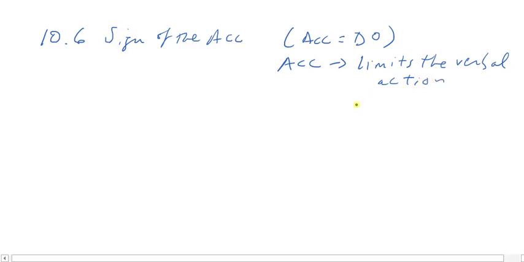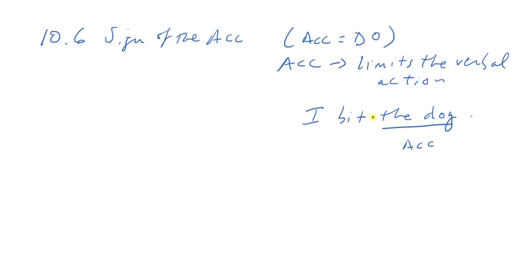So, if I said something like, I bit the dog, and if the dog is accusative in function, that is limiting the action of biting, isn't it? It's not that I bit everything in front of me. The biting has been limited to one object, and that's the dog. I bit the dog. So accusative function limits the verbal action.